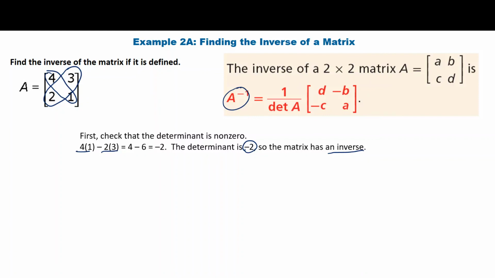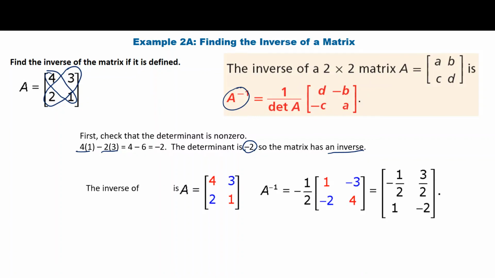So here's our inverse. We're going to take our original matrix, which is given up here, 4, 3, 2, 1. And in order to find the inverse of it, we take 1 over the determinant. Our determinant was -2, so it's 1 over -2.